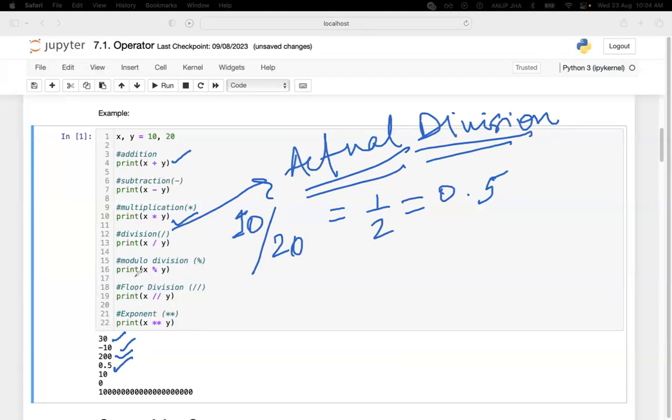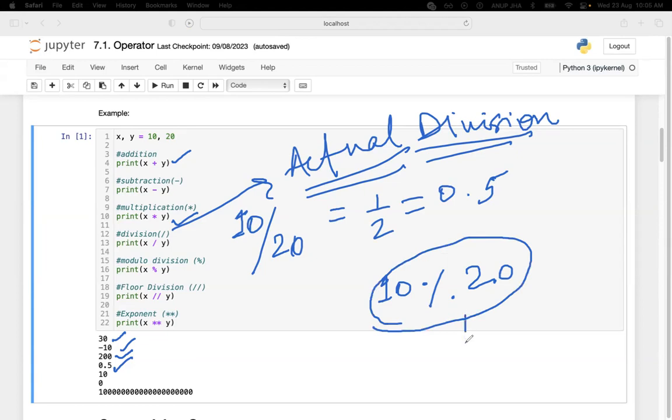Thereafter comes the modulo operator, or percentage sign. What does it give us? 10 modulo 20 gives us the remainder.